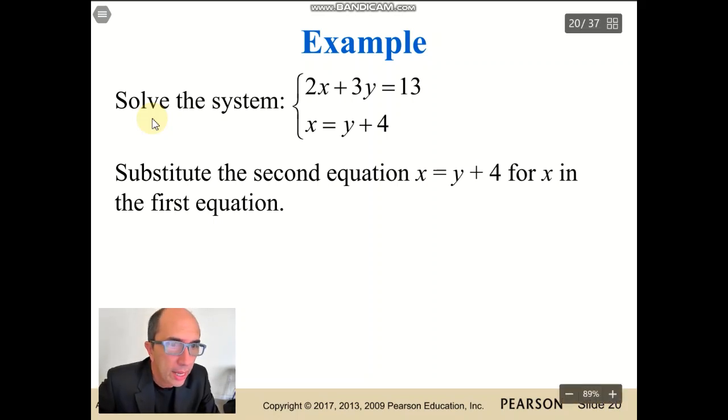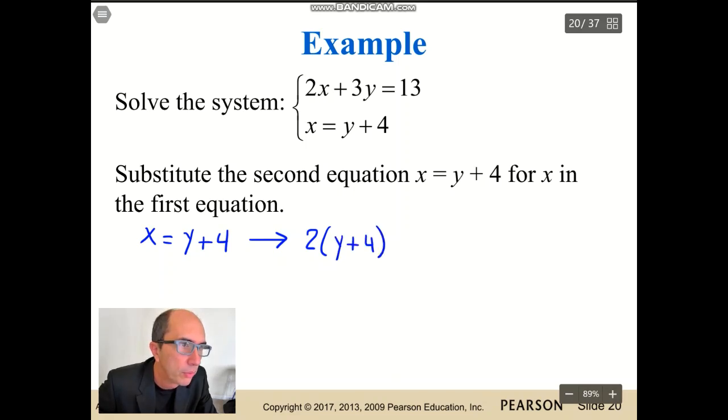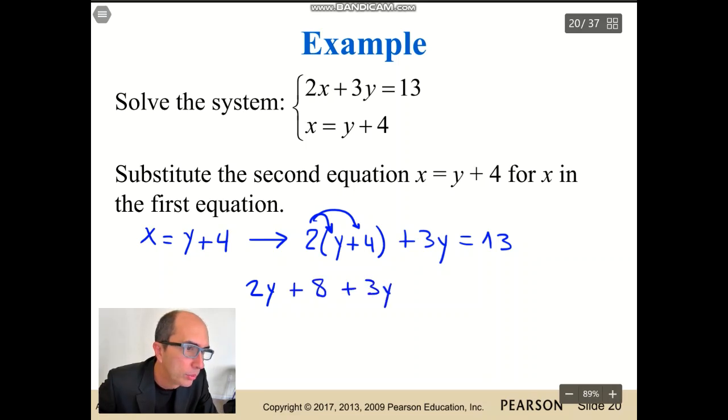Since we know that x equals y plus 4, we can substitute this into the first equation, and instead of x, we write y plus 4, correct? Plus 3y equals 13. Apply the distributive property: 2y plus 8 plus 3y equals 13.